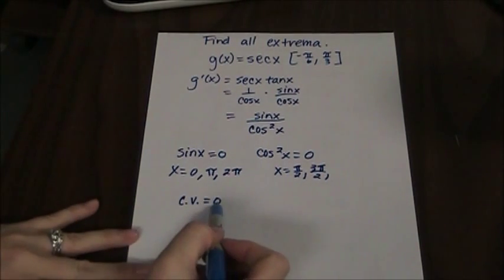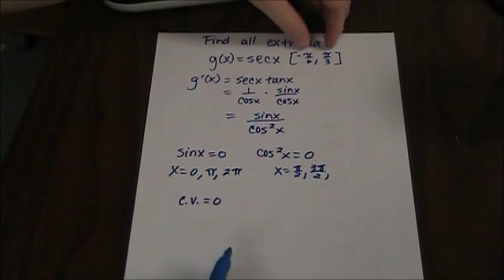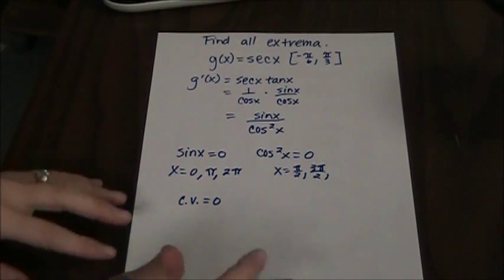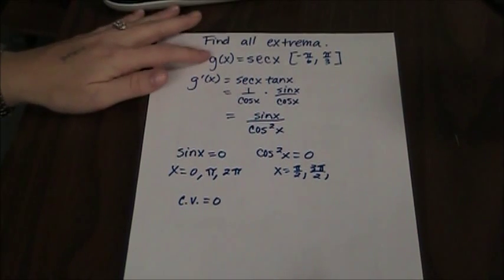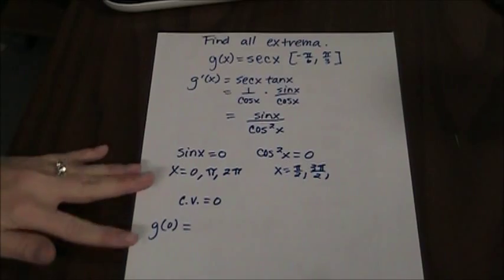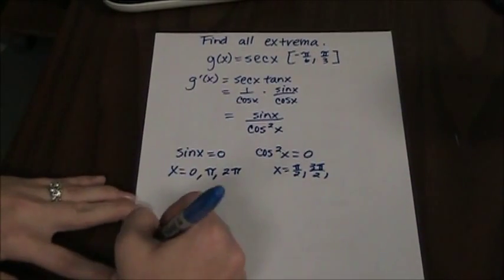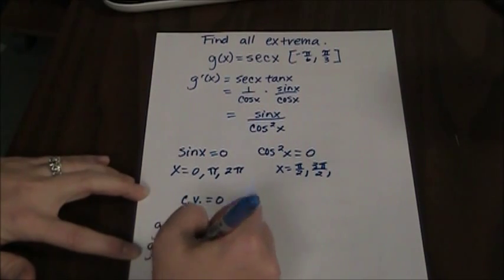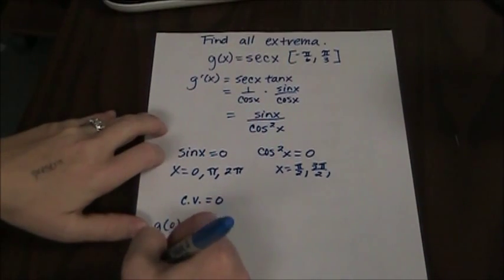So that's one of my test points, and then I'm going to use my endpoints to test as well for absolute max and min. And it's absolute, so I'm going to go to my original and plug in all of my test points. So g of 0, my critical value, g of my left endpoint, and g of my right endpoint.